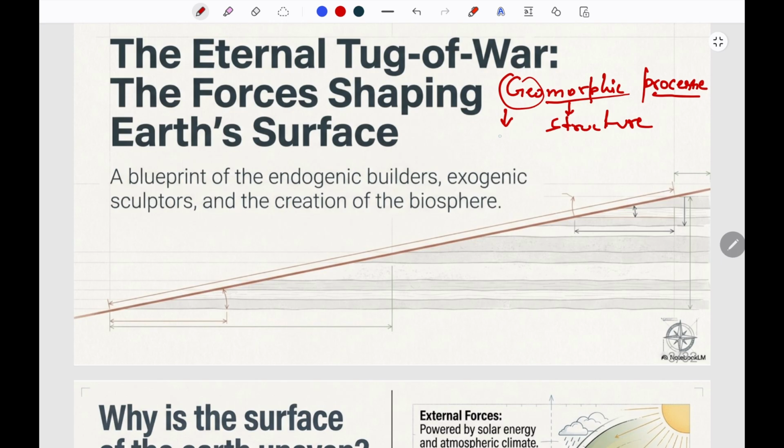So in this we will study the processes that shape the structure of earth. Now if some process is initiated, there must be some cause behind it, and the cause behind these geomorphic processes are exogenic and endogenic forces.